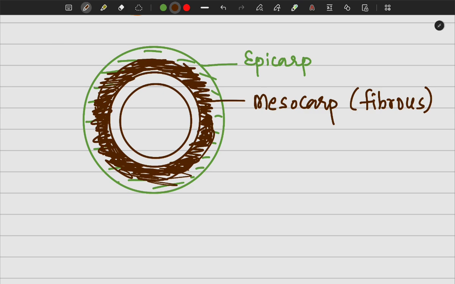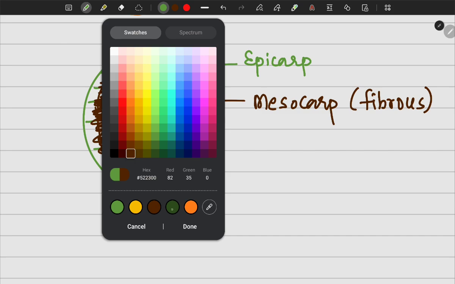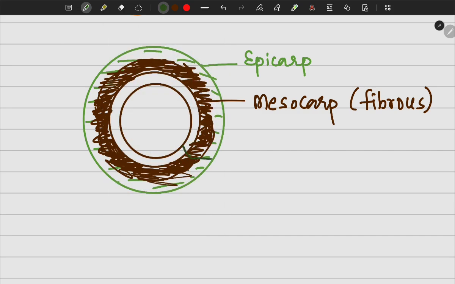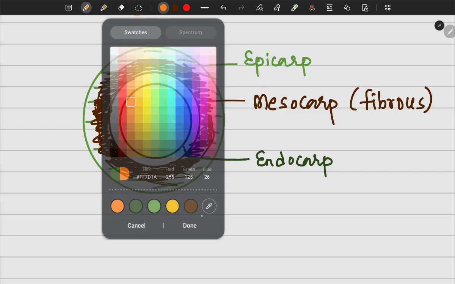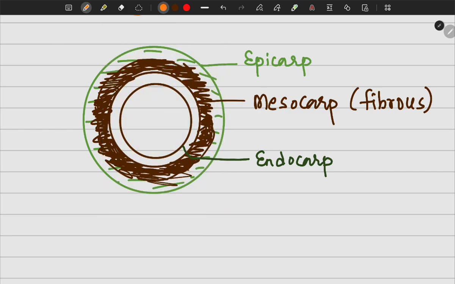And then there is the inner endocarp, which is hard and stony, and which is not the edible part. The edible part of the coconut is actually the endosperm. Endosperm is present inside the seed.